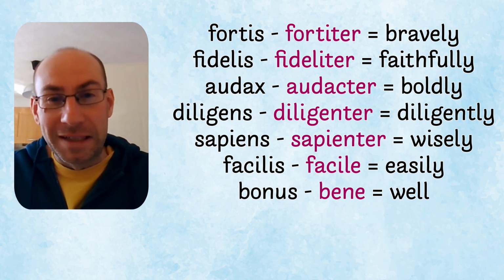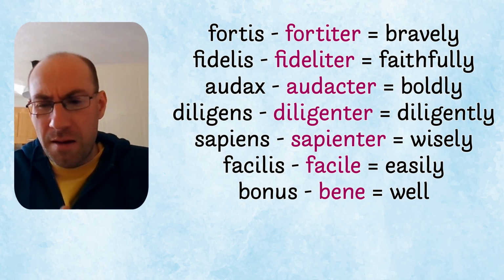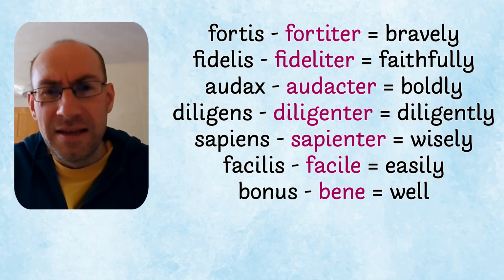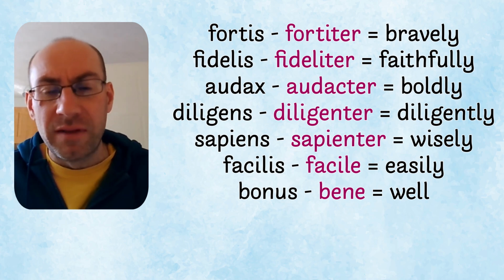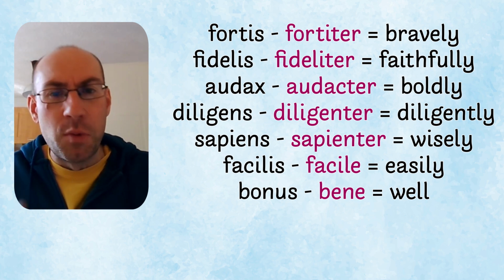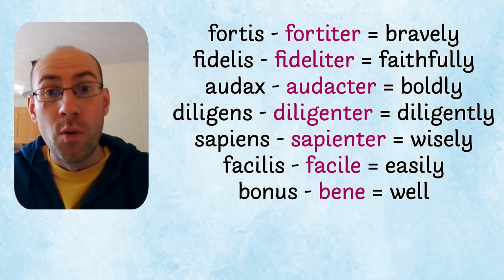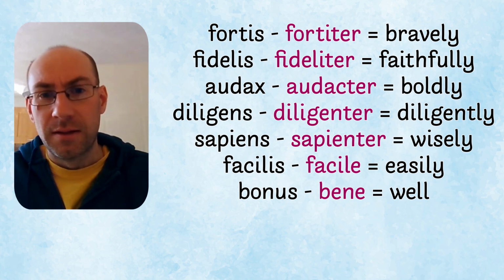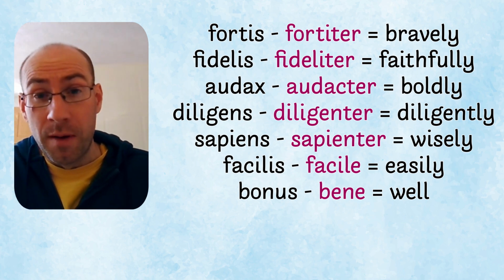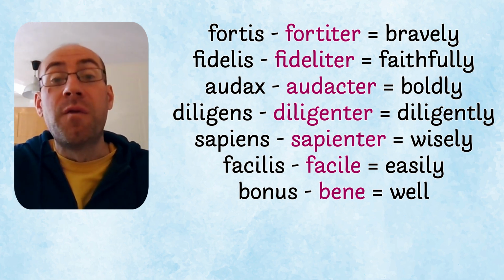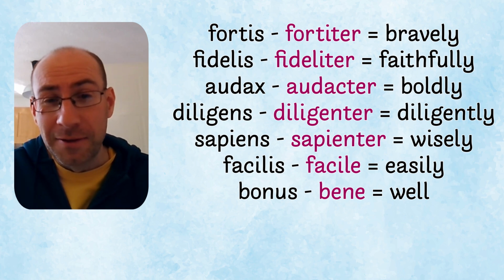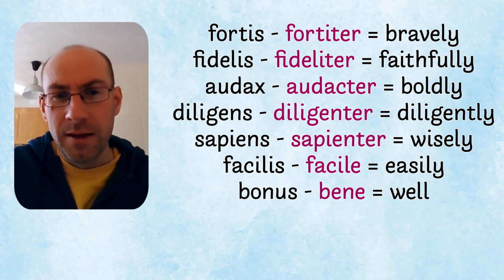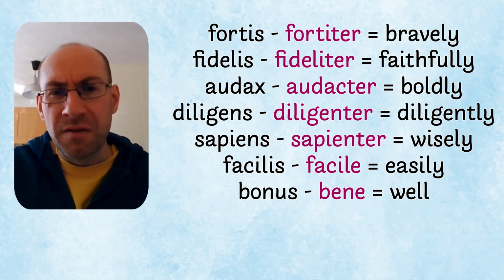But hey, fortiter. So, for instance, the boy fights bravely. Pugnare, pugnat. Puer fortiter pugnat. Puer pugnat, verb, fights. How? Fortiter further refines it, bravely, not cowardly, not sheepishly, bravely, okay? Fortis to fortiter.